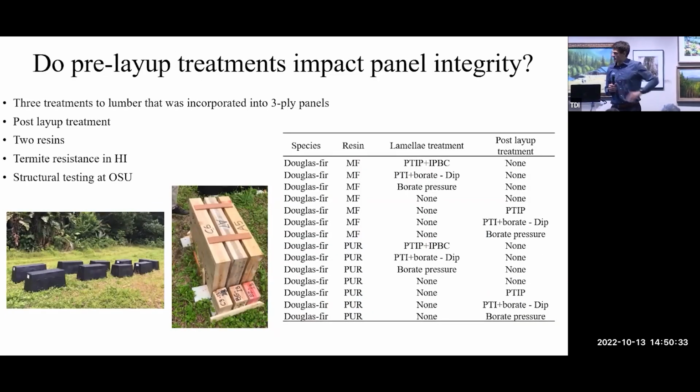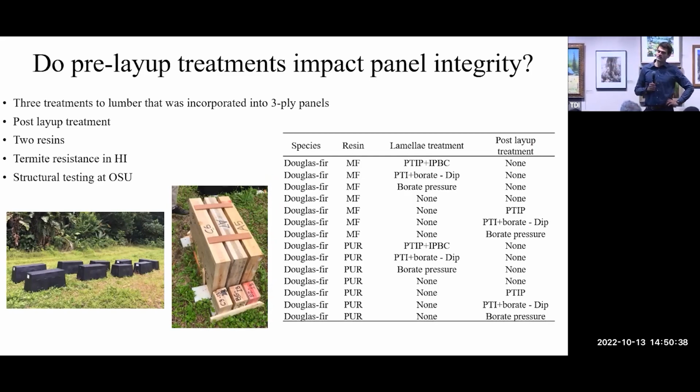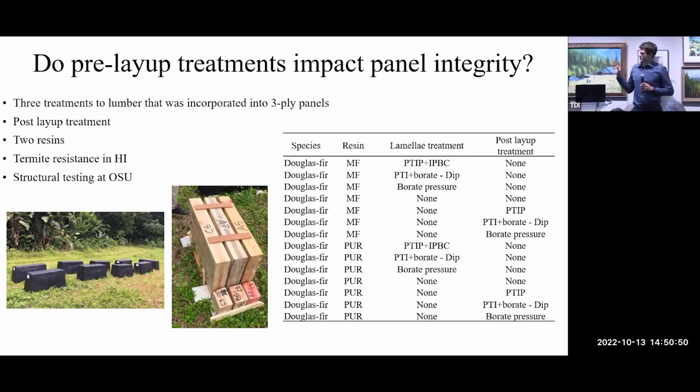So right now we've got a small test looking at several different preservative and resin combinations. Another issue using pressure treated lumber is interactions with the resin. So some of these don't seem to work well, but we've got a small scale test looking at melamine formaldehyde and polyurethane resins used to make some small panels in combination with one of 3 different types of pressure treated lumber.